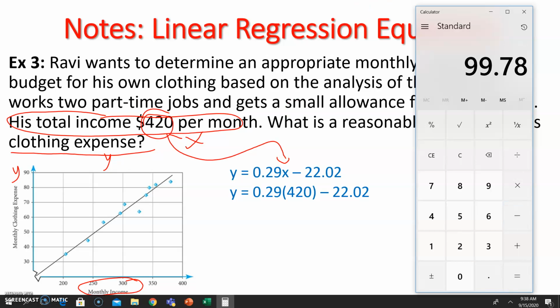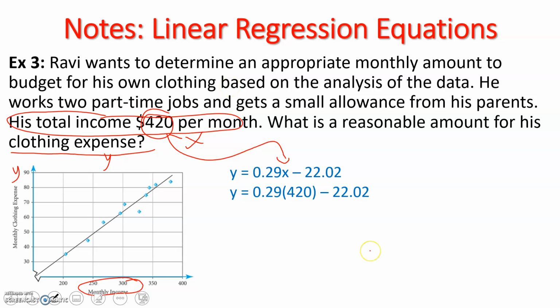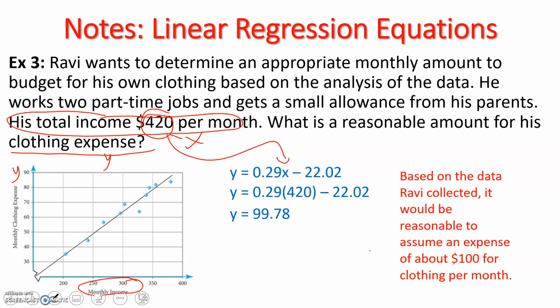Okay, and that gives us $99.78. So based on the data Ravi collected, it would be reasonable to assume an expense of about $100 for clothing each month. Obviously, his answer did not come out exactly $100, but we're okay with that because it's quite close.